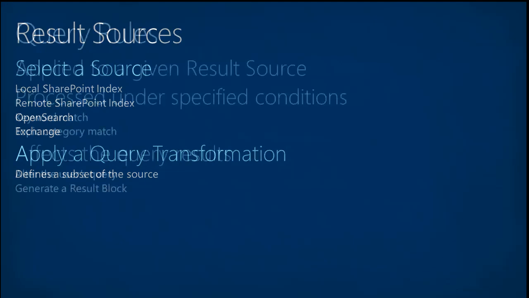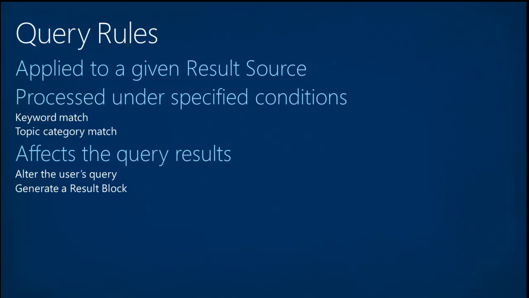The query rules, again, are always applied to a given result source. So everything starts with a result source. Once you have that subsection that you want, then you're going to specify a rule like a keyword query, a keyword match or a topic category match, and then you're going to apply some kind of change based on that. So did you type a word? I'm going to change the word. Maybe I want to generate what we call a result block, which are some promoted results that get pushed up to the top.